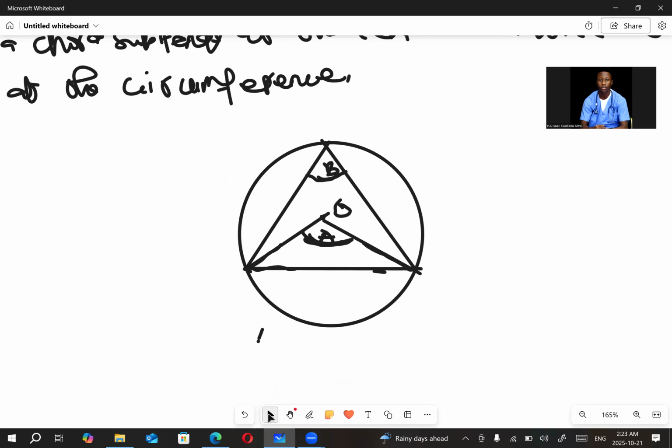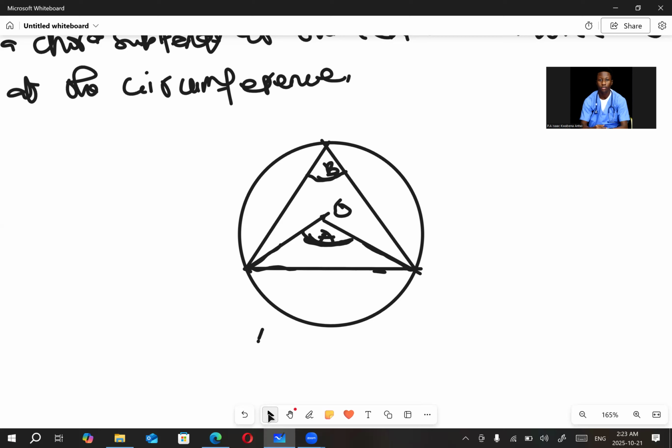If you can, please make D and A. What angle is subtended at the center? It's A.